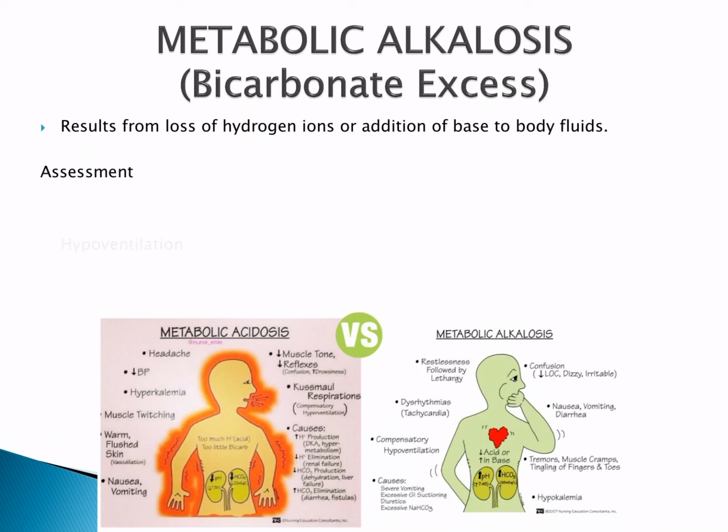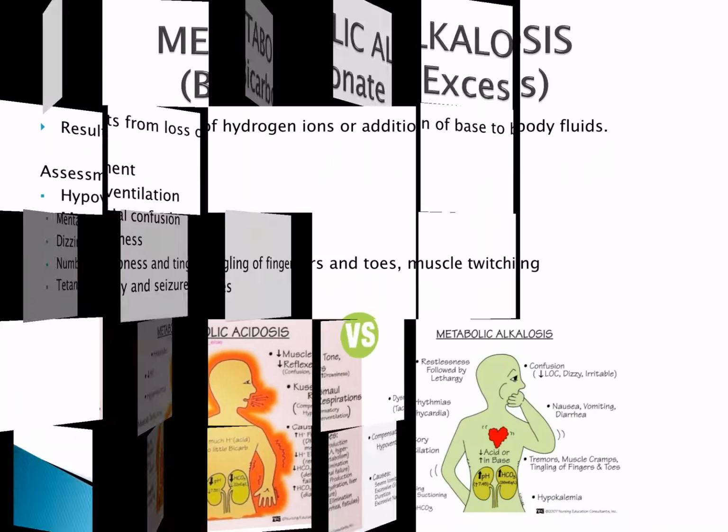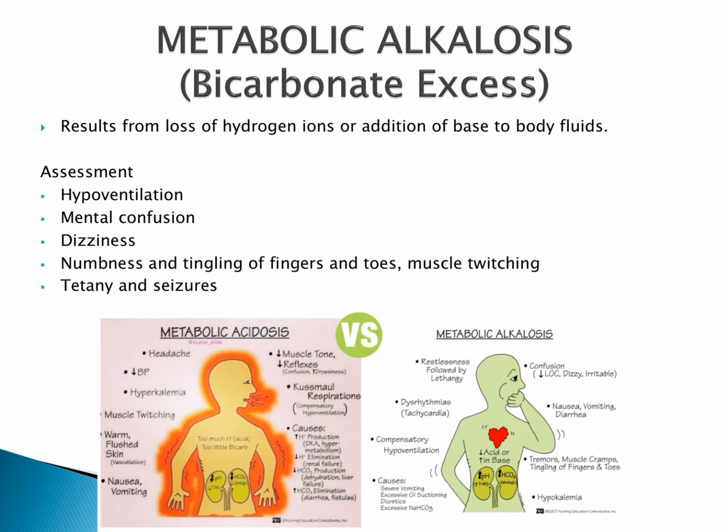Assessment, we have here hypoventilation, mental confusion, dizziness, numbness and tingling of fingers and toes, muscle twitching, tetany and seizure. These are the assessments that you will note when the patient is experiencing metabolic alkalosis or bicarbonate excess.